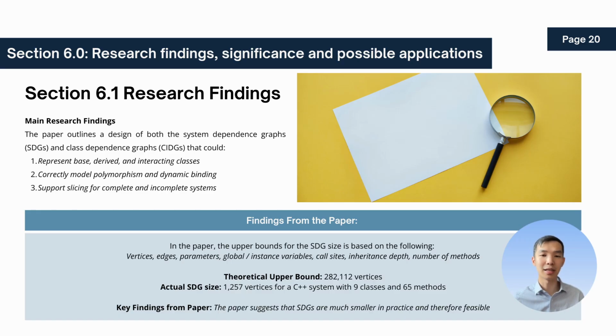And the last one is that it supports slicing for complete and incomplete programs. So this includes single classes or class libraries without a main program. In other words, this meets the exact requirements that had been set out earlier in the objectives. Therefore, this in a way proves a successful correlation between the objectives and the research findings.